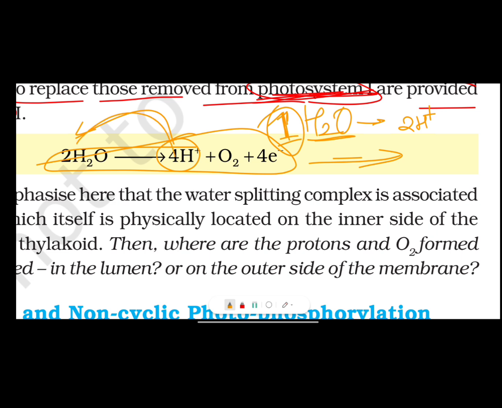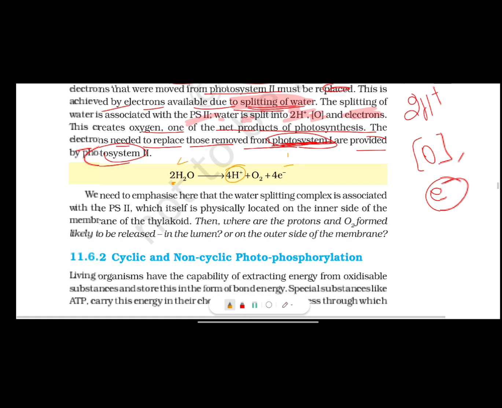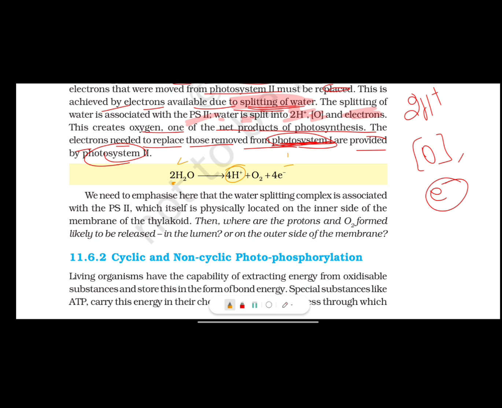Over here it is 2 moles. That is the difference. They can also ask this kind of question: if 2 moles of water is taken, how many protons do we get, or the number of electrons we get?